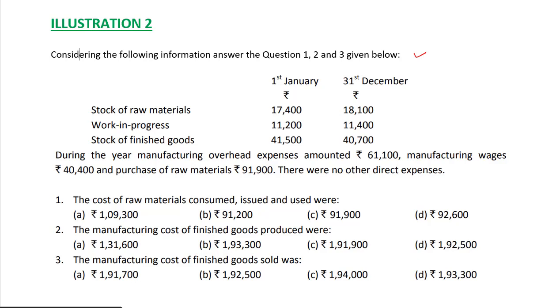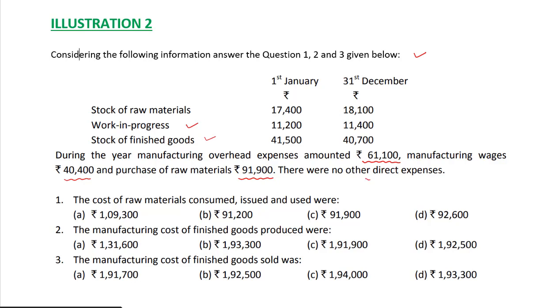Stock of raw materials is 17,400 and 18,100. WIP is given. Stock of finished goods is given. During the year, manufacturing overheads expenses amounted to 61,100. Manufacturing wages is 40,400 and purchase of raw materials is 91,900.